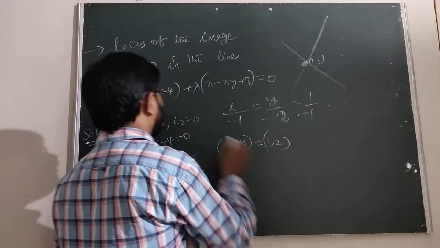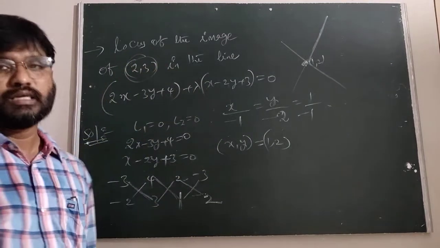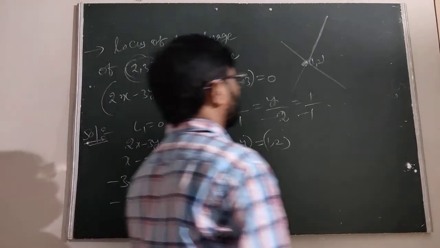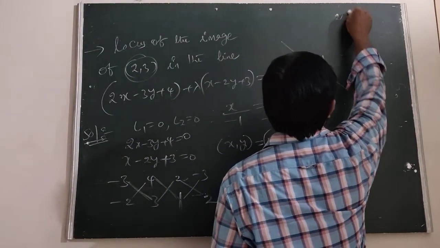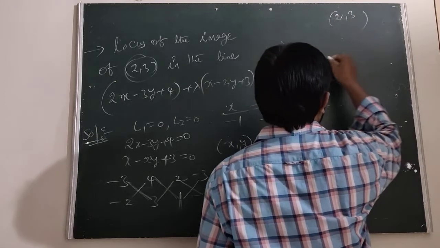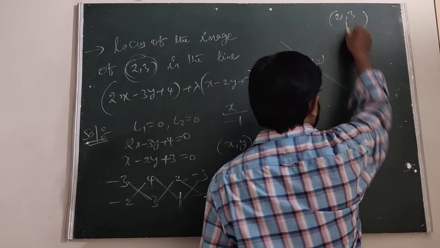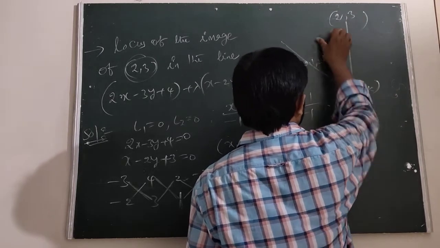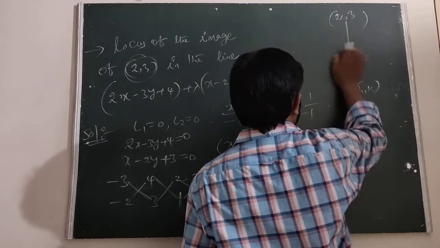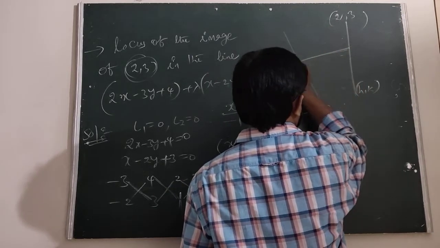Therefore, we have to find the image. Suppose we are taking (2, 3), the image is (h, k) with respect to the family of lines.